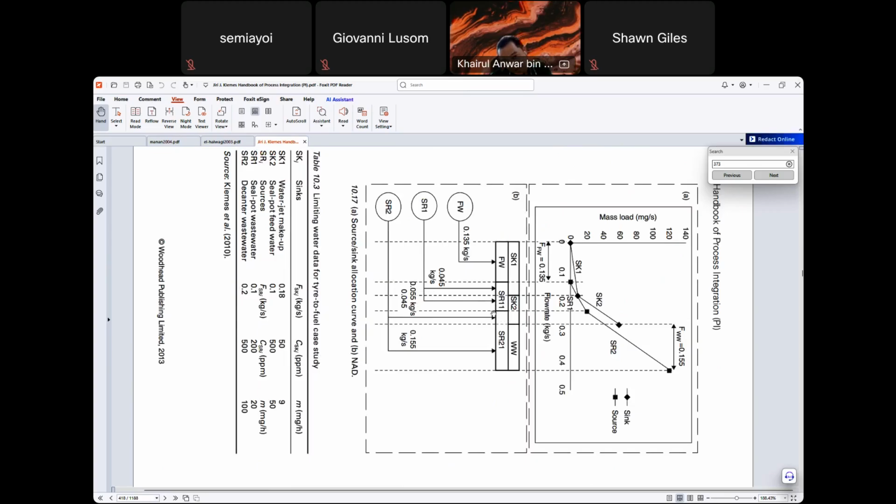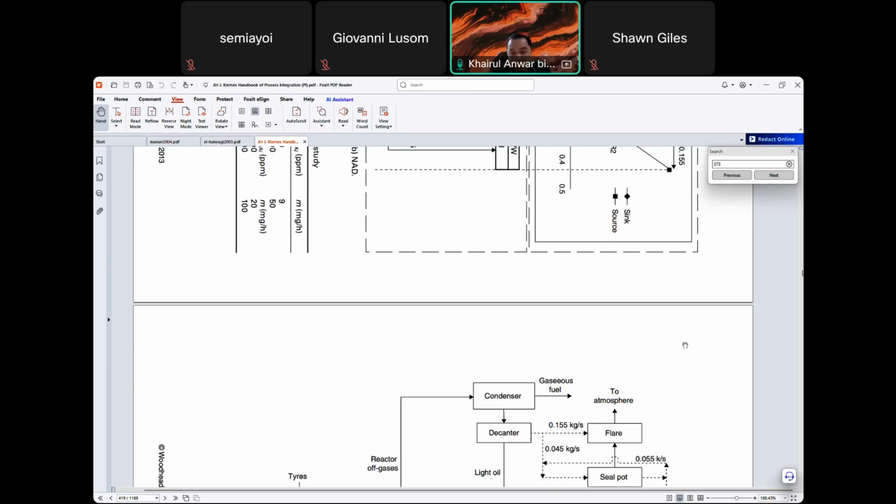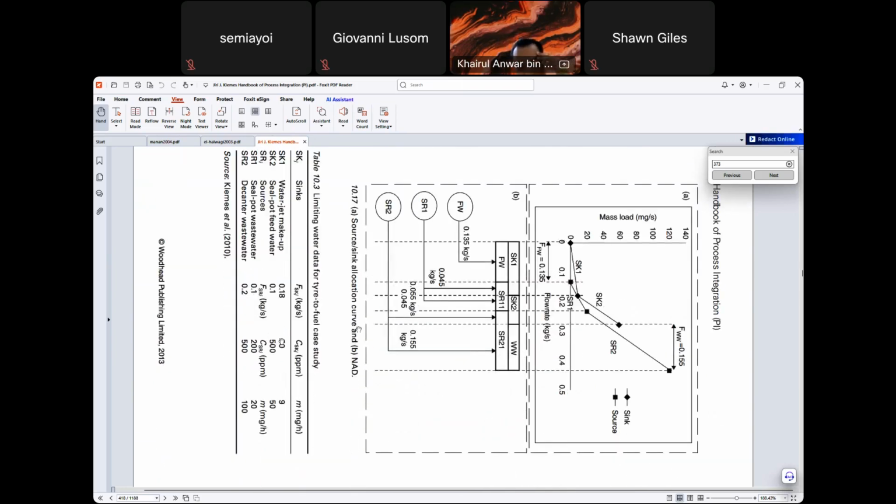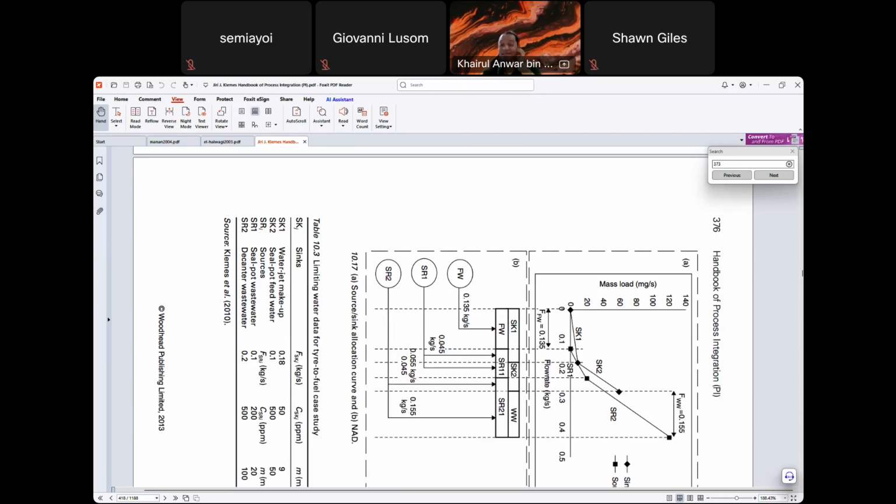So this goes to source 1. Why do we do this? We want to know the source 1 goes to which part.